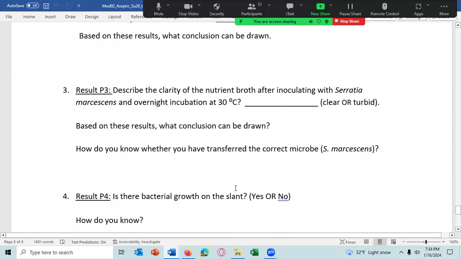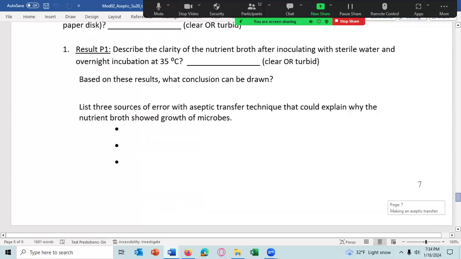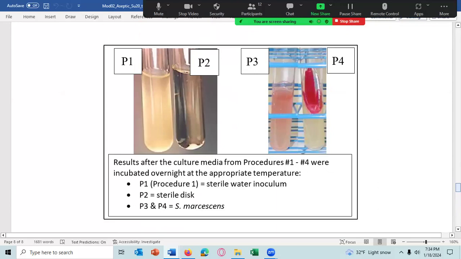All right. How do you know whether you've transferred the correct microbe, which is Serratia marcescens? Anyone? All right, think about it. That's one of the questions.